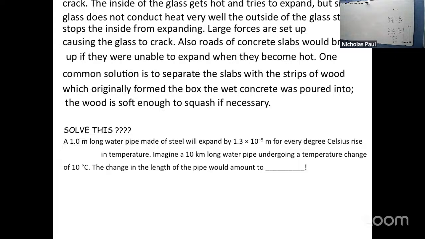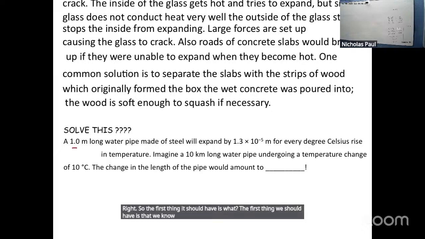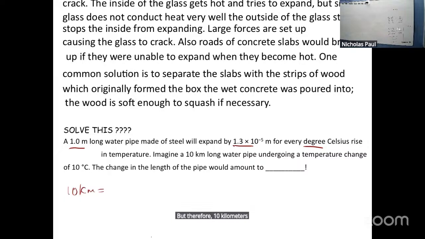Right, so the first thing we should have is that we know that 1 meter will expand by this much for every degree, right? So therefore, 10 kilometers is how many meters? 10 by 10 to the 3 meters, right? So in a 1 degree change, what will be the increase?